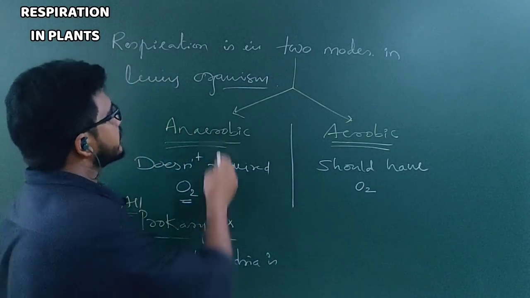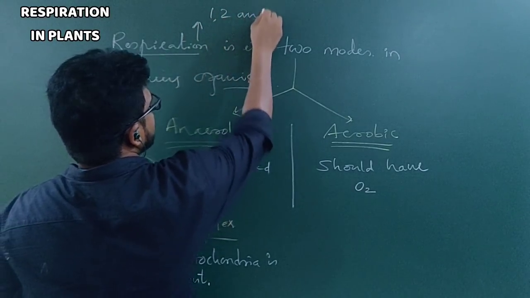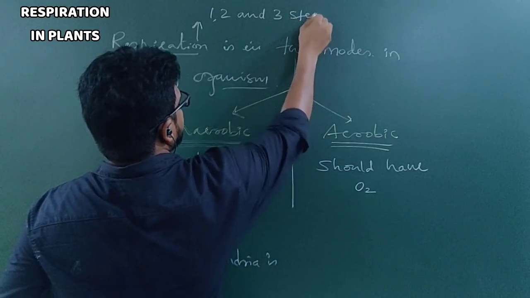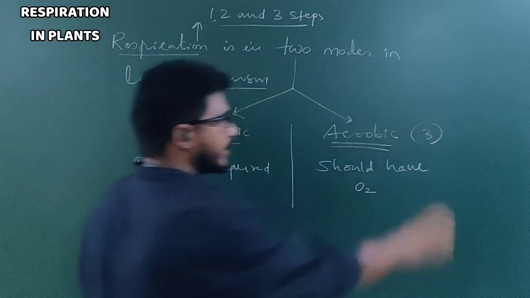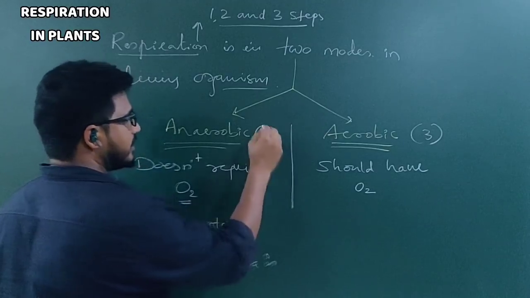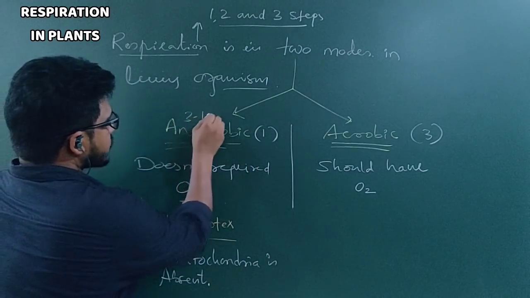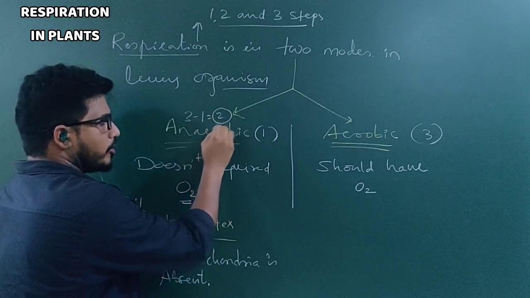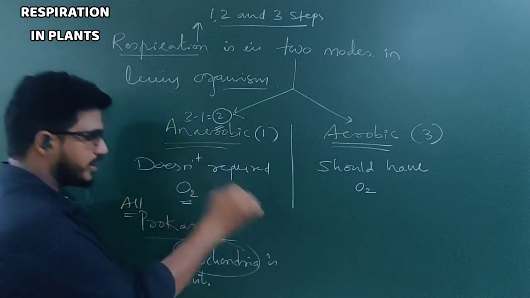Generally, respiration has 3 steps. All 3 steps are involved in aerobic respiration, whereas only the first step is involved in anaerobic respiration. So 3 minus 1, 2 steps cannot happen in anaerobic respiration because of the lack of mitochondria.